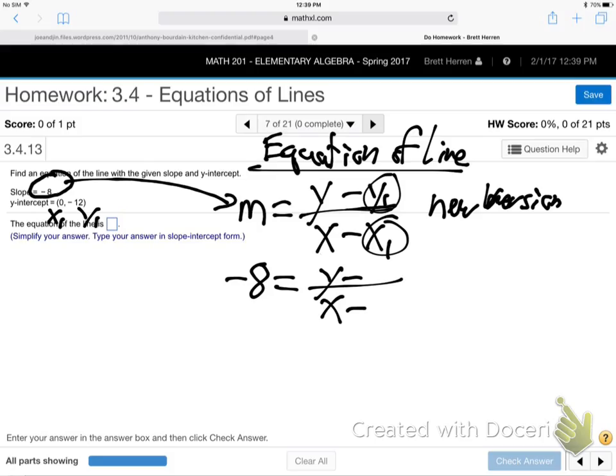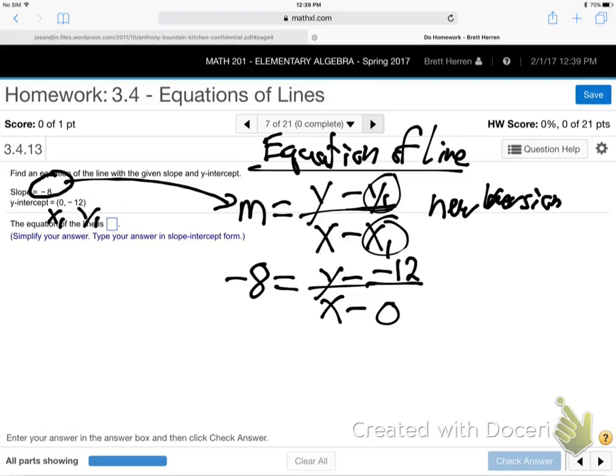I don't have an x2, y2. So plug x1 in for x, behind x, put the y behind the y. Are you tracking with me? Everybody see what I did there? I put the slope of -8 into the m slot, because that's what m stands for, mountainous slope. And I put the x behind the x and the y behind the y.